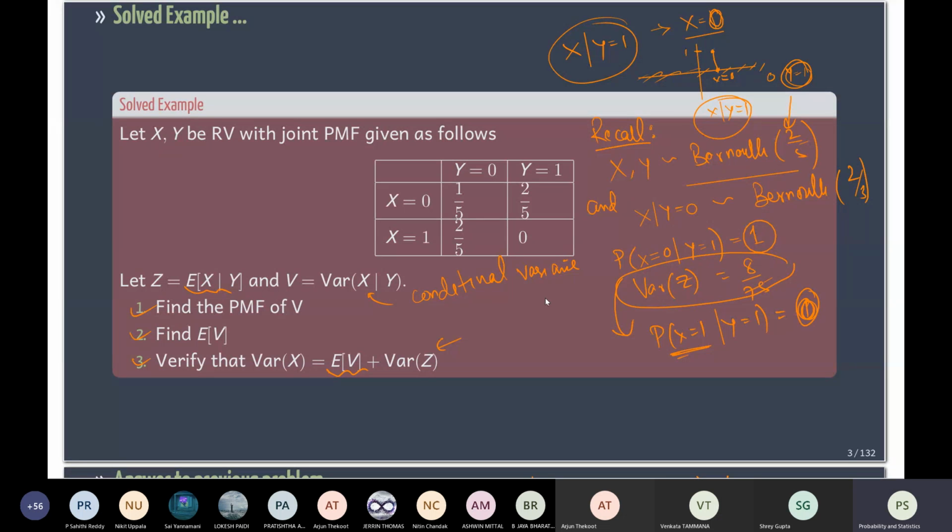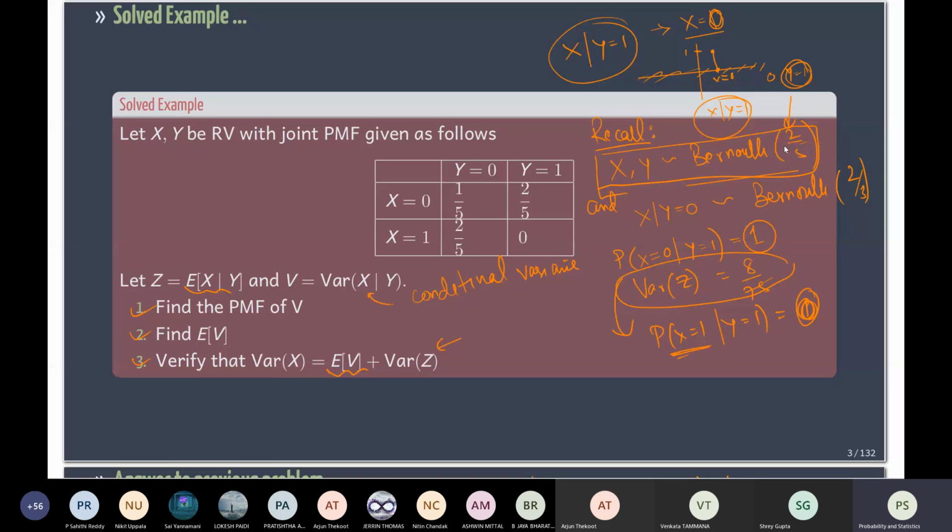So what is the variance of X now? Actually, something else is given to us directly, so we don't even have to do anything else. Just look at this. X, Y were proved to be Bernoulli 2 by 5.